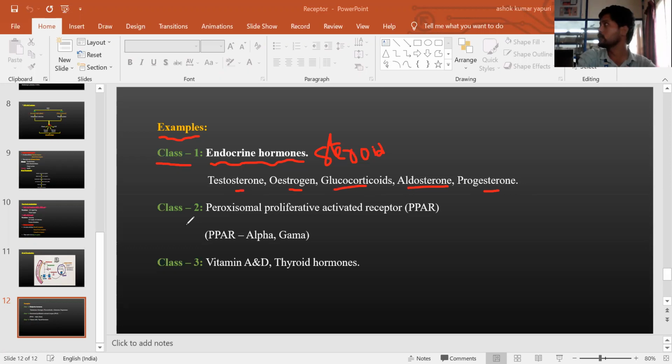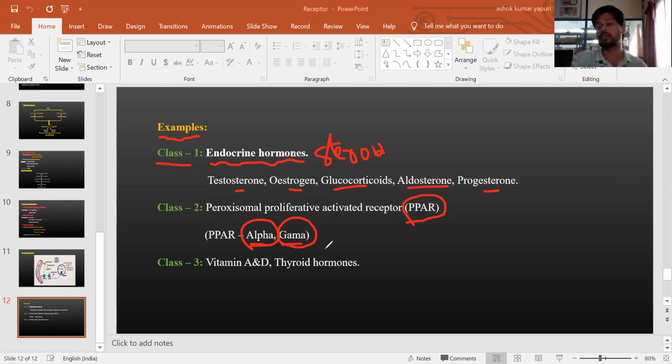Next, class 2 is the peroxisome proliferator activated receptor. In this, again, there are two types, PPAR alpha as well as PPAR gamma. The PPAR alpha is a binding site for the anti-hyperlipidemics like fibrates, and the PPAR gamma is a binding site for the anti-diabetic drugs like pioglitazone, troglitazone, ciglitazone, rosiglitazone.